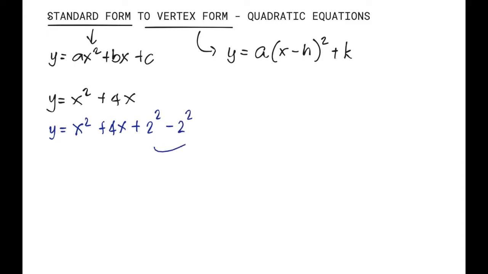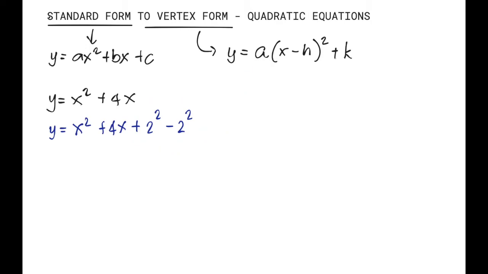Again, we need to do this so that we are not going to change the meaning of the equation. The equation will still be x squared plus 4x. For us to get to this format, we need to add and subtract 2 squared, so technically, it's just a 0.